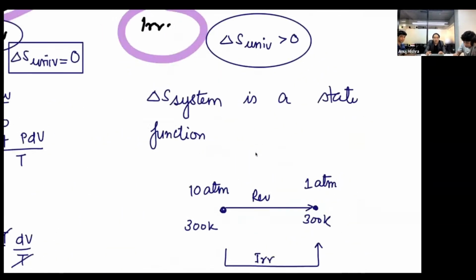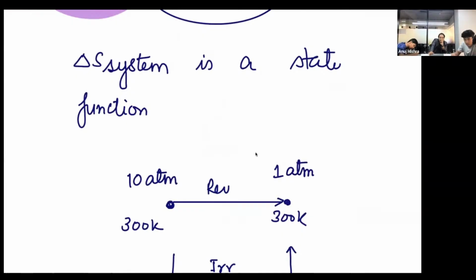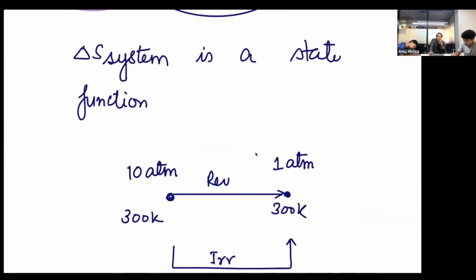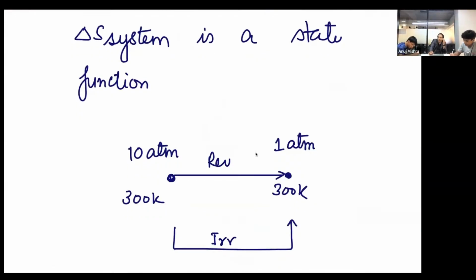Just see what I've written. You are starting from 10, 300 to 1, 300 in both the situations, be it reversible, be it irreversible. So since my endpoints are same, my delta S system will be same, since it is a state function.